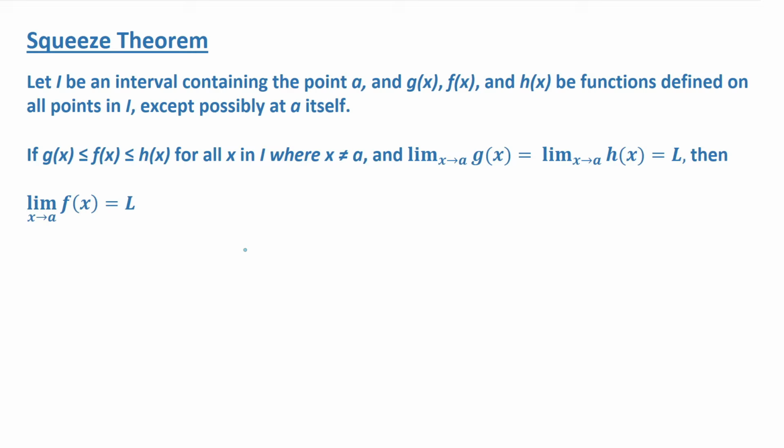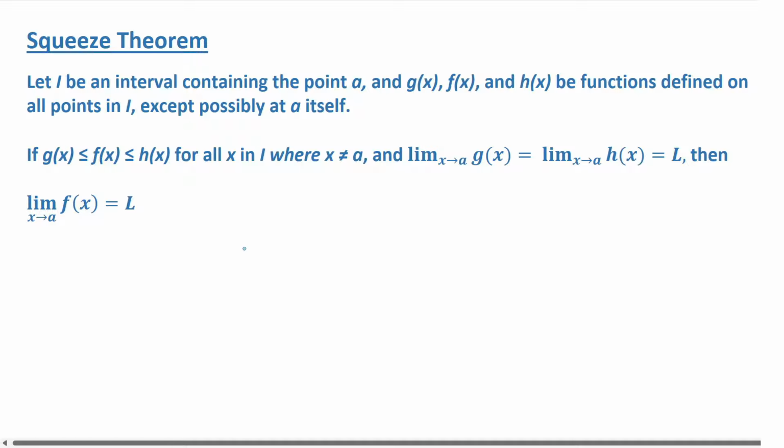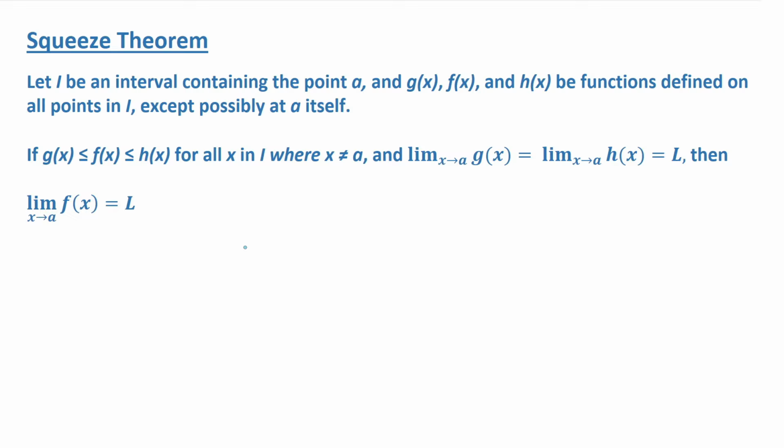This is basically saying that if we have two functions, g of x and h of x, which bound the function from below and above, respectively, in the interval containing the value we're trying to find the limit at, and the limit of g of x and h of x at x equals a is the same value, then we can conclude that the limit as x approaches that value of f of x is the same as the limits for g of x and h of x.